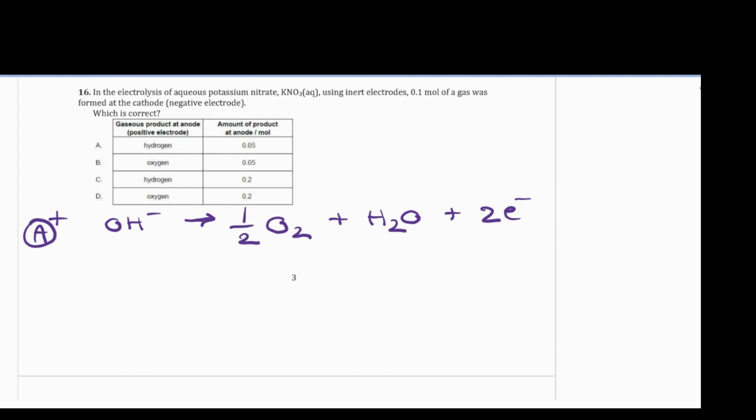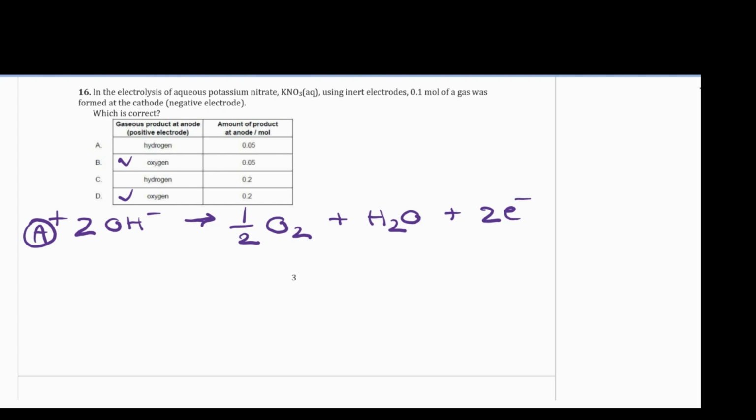That doesn't quite add up because we have 2 O's here. We need 2 there. There we go. Okay. So what's the gas that we form? Oxygen. B or D.